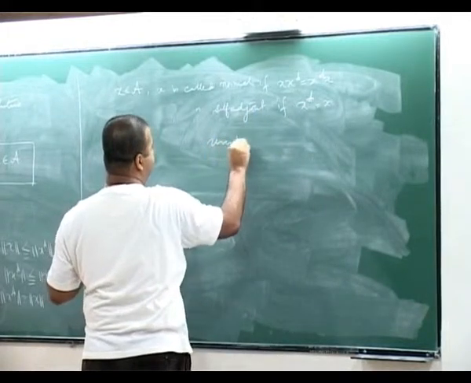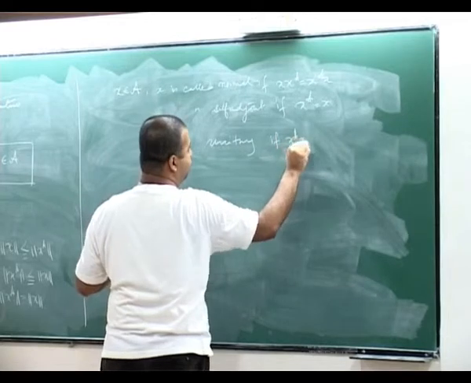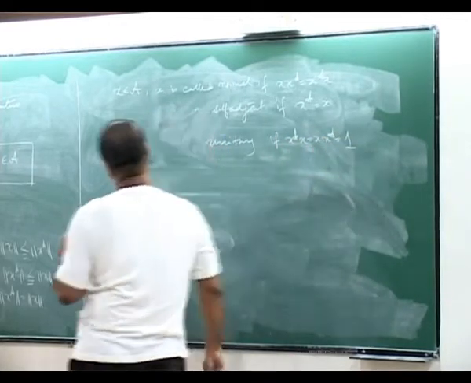It is called unitary if x star x equals x x star equals identity.